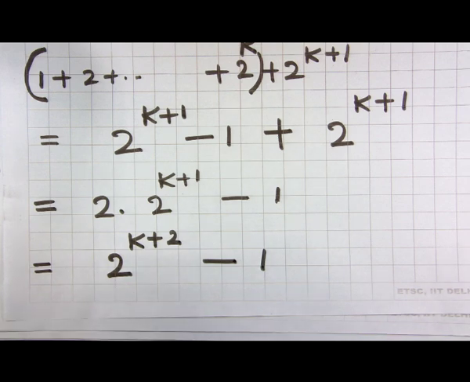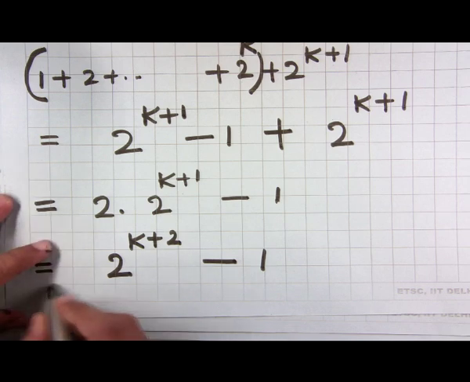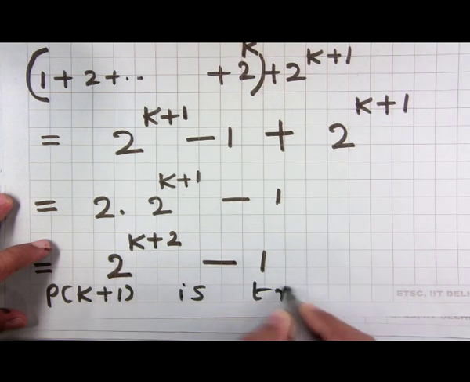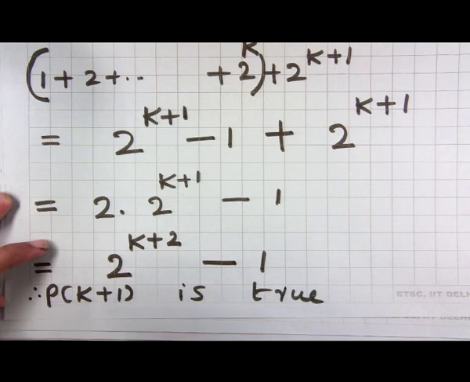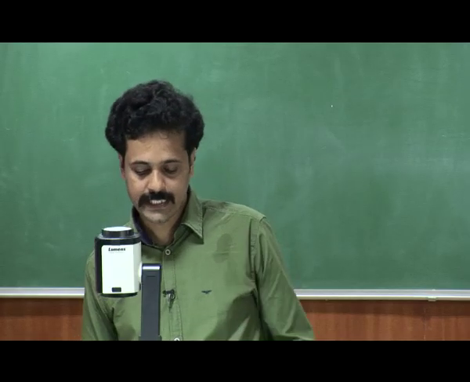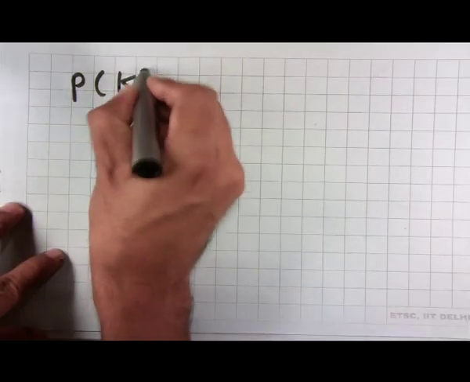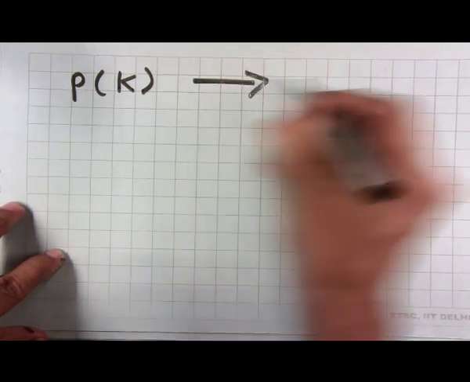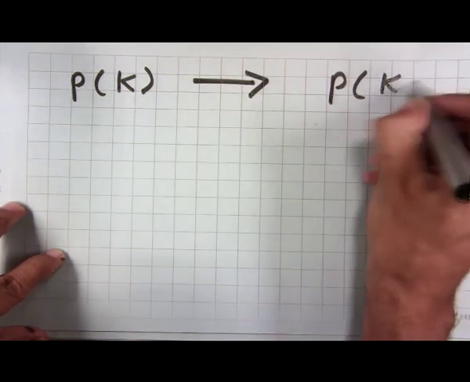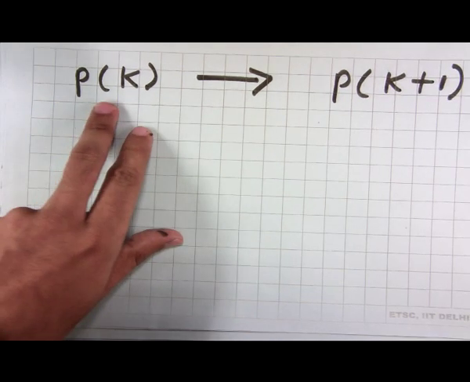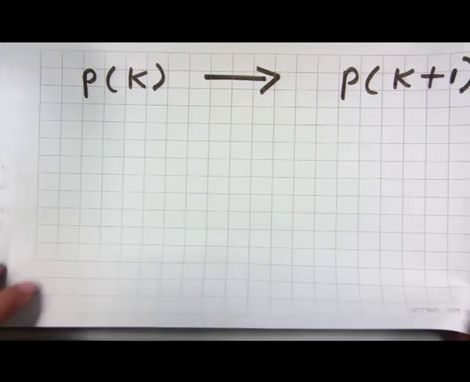Fortunately, that is what we are trying to prove. Hence, we proved P of k plus 1 is true. This finishes the inductive step, namely the conditional statement P of k implies P of k plus 1. That is, assuming P of k is true, we proved P of k plus 1 is true.